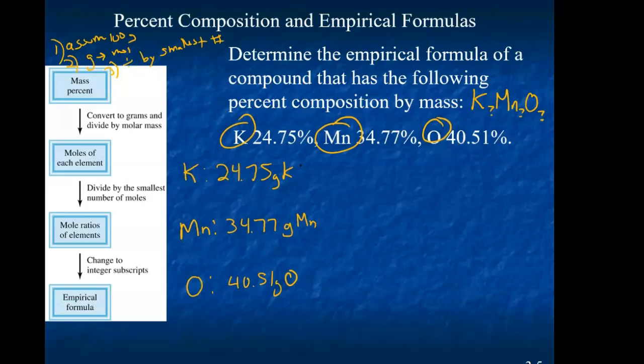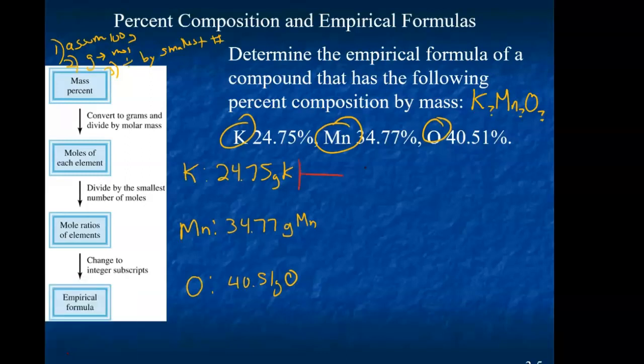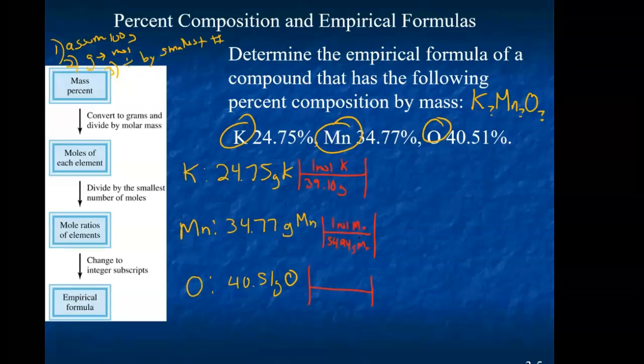Step 2. Just going to do this so you can see these are different steps. This is when we look at our periodic table and we use the molar masses. So this is 39.10 grams, 1 mole of K. Mn is 54.94 grams of Mn, and 1 mole of Mn.